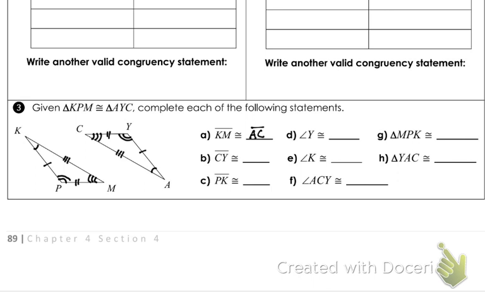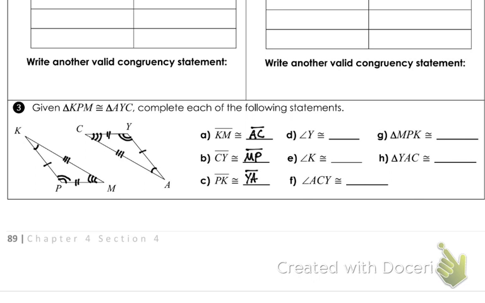Then you find CY. Well, CY is my last letter and second letter. Last letter, second letter would be MP for the other triangle. PK, that second letter, first letter, is going to be YA for this one. Perfect.